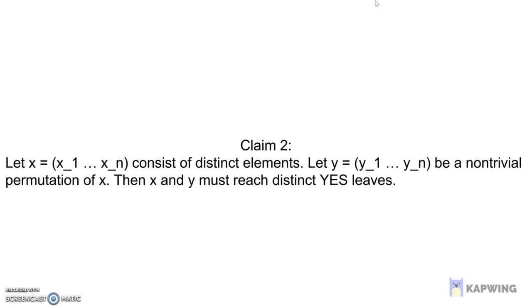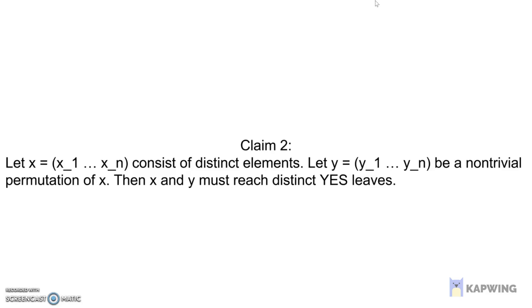The second claim of this proof is that if you have an array A, and you have a non-trivial permutation of that array B, then you should arrive at separate yes leaves in a tree. So here, non-trivial means there's a significant difference in ordering between the two.